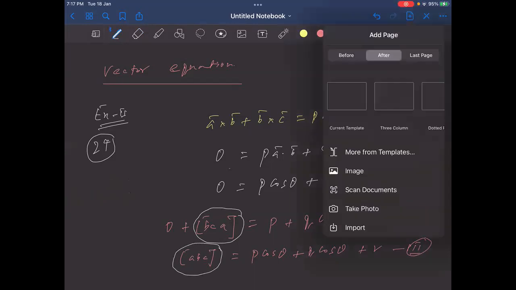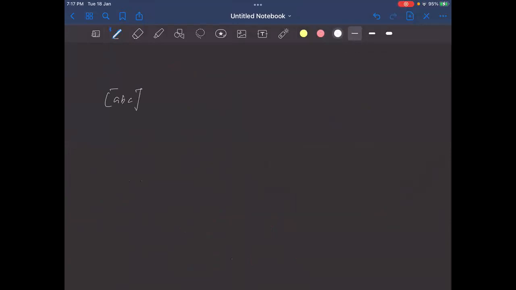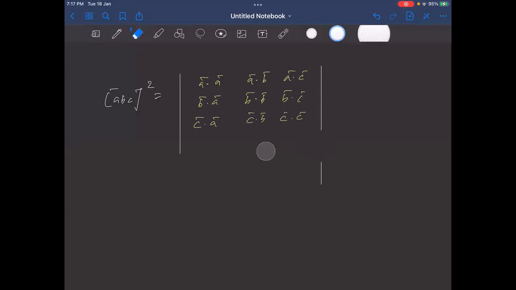STP of ABC का एक formula होता है, पता नहीं, I don't know whether you guys have done it. STP of ABC square is nothing but A dot A. ठीक है, ये फॉर्मूला बोलो, ये फॉर्मूला देखा है STP of ABC स्क्वायर का? दो डिटरमिनेंट के मल्टीप्लिकेशन से ये फॉर्मूला आता है.